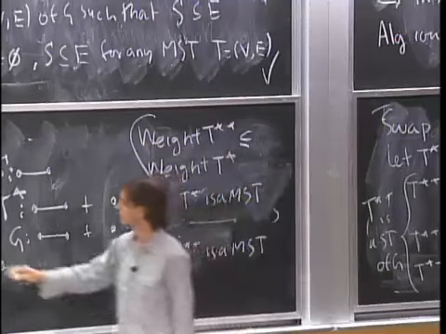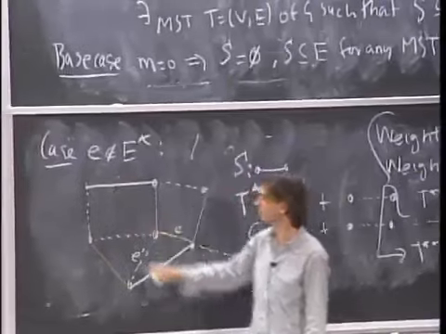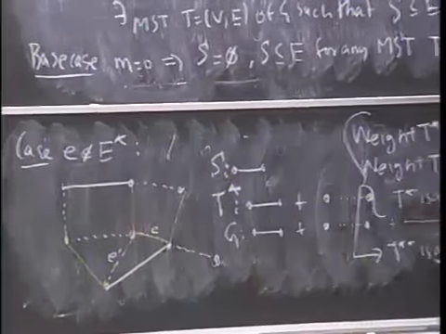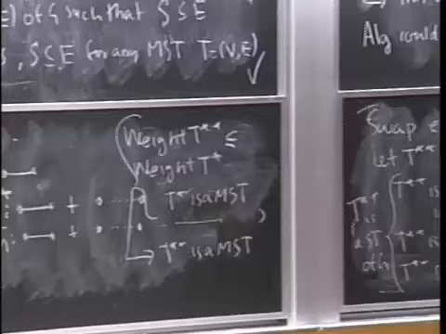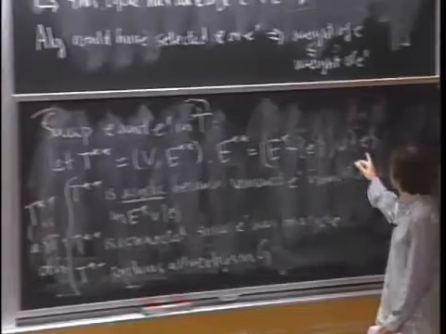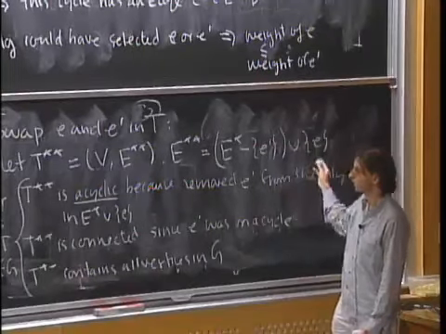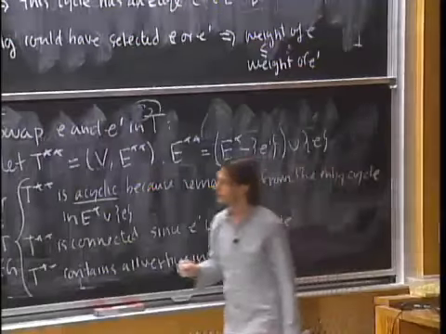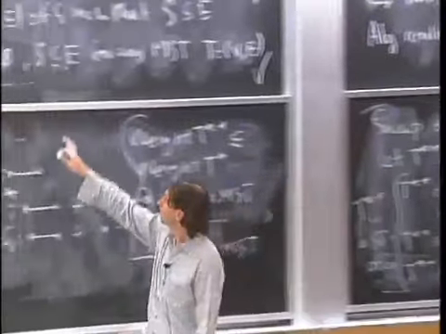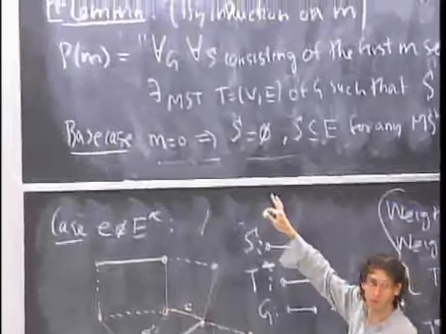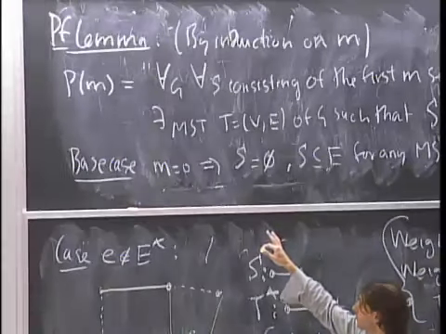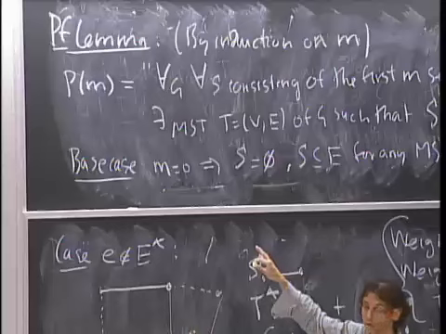So now we're done, because in this case we have constructed a T double star such that S together with E is a subset of E double star. And that means that we have shown that our induction step is true. We have shown that Pn plus 1 holds.